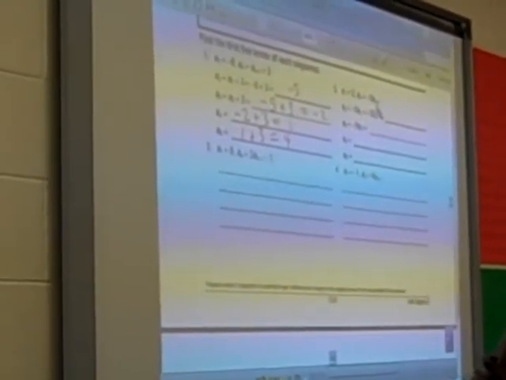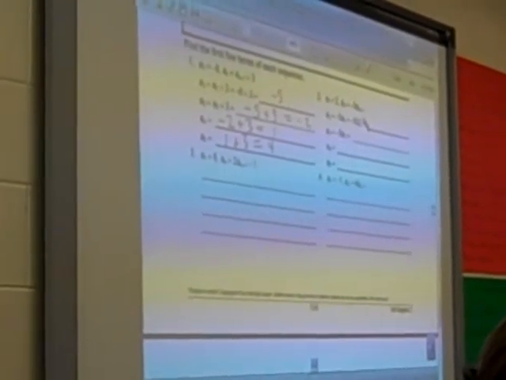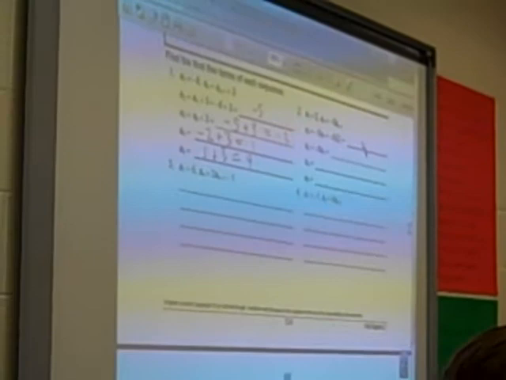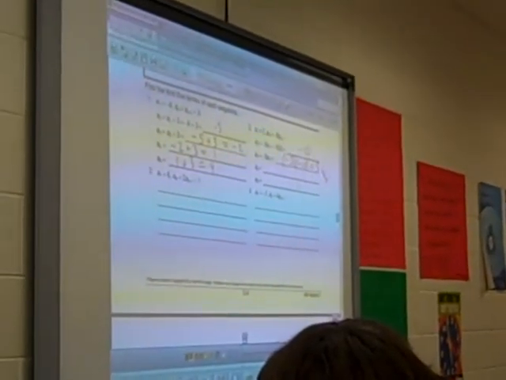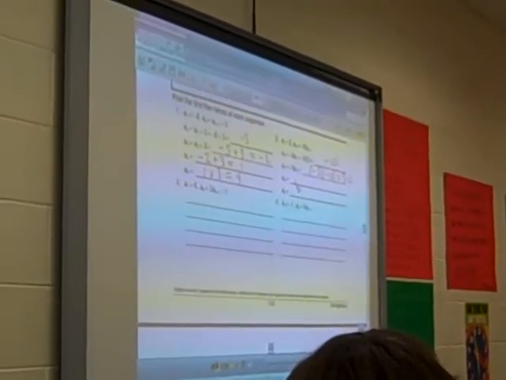Here, our first term is 2, and our recursive formula is negative 5 times the previous term. Okay? So, to find the second term, it's negative 5 times 2, which is negative 10. Our third term, negative 5 times what number? Negative 10. So, negative 5 times negative 10 is 50. Our fourth term, what do I do?